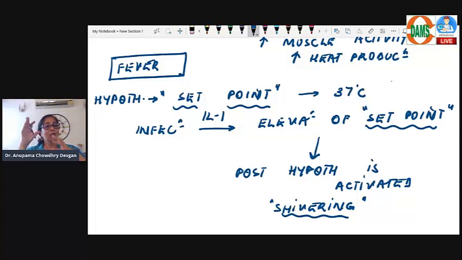When we give NSAIDs, anti-inflammatory drugs, paracetamol and aspirin group of drugs, the set point is brought back down to 37. So now the body must lose heat to come back to 37. So sweating. Have you got it?